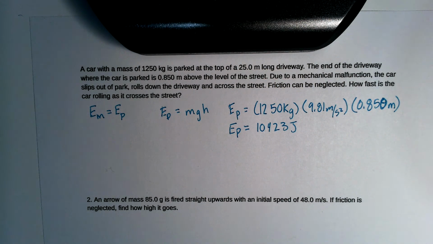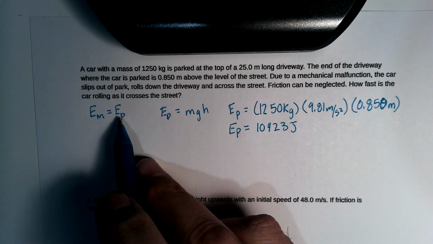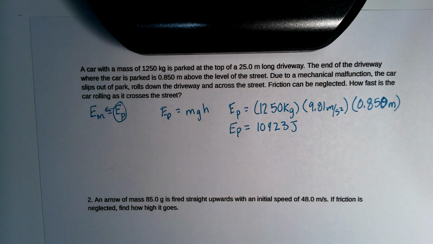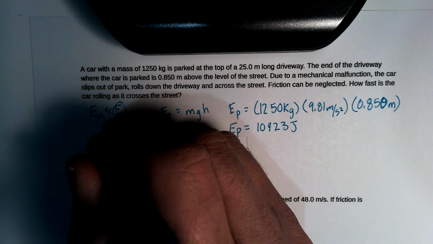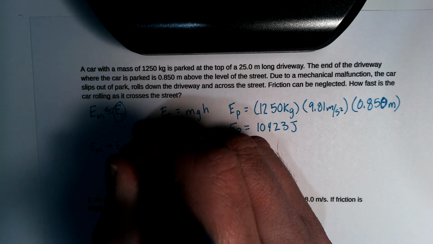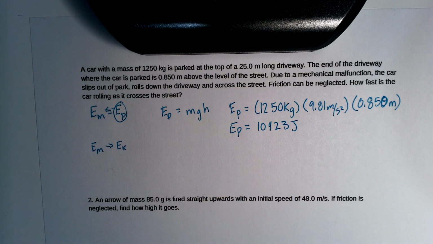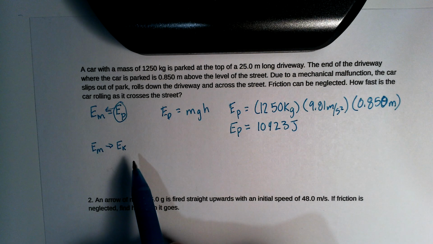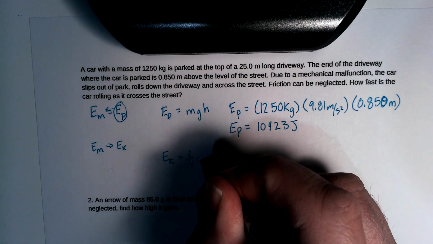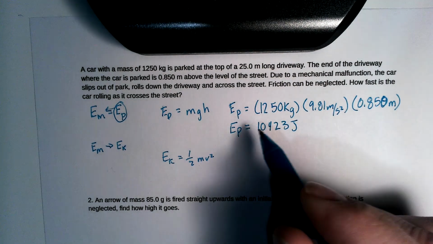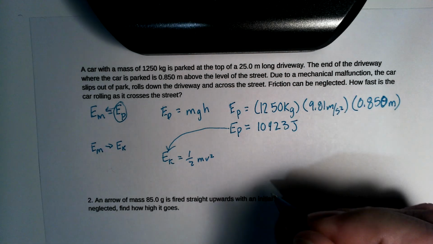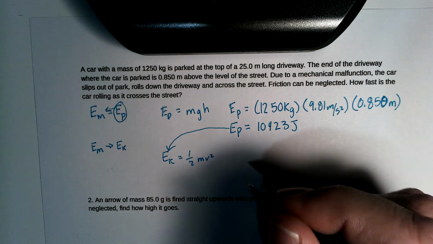Now all of that energy, this is our energy before, equals our mechanical energy. When the car is rolling across the street, basically all of our mechanical energy is turning into kinetic energy. Which means our potential energy is turning into kinetic. So now we want EK equals 1/2 mv squared. EK is equal to EP, so this number will go here. We want to solve for v.